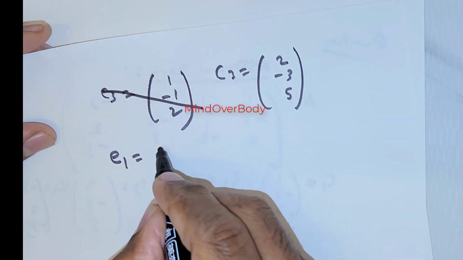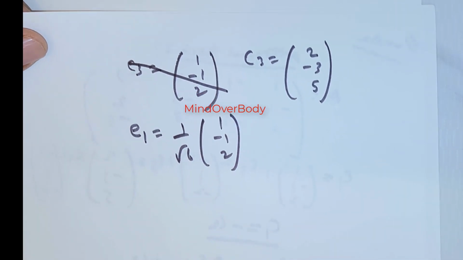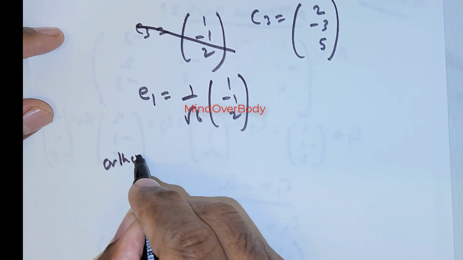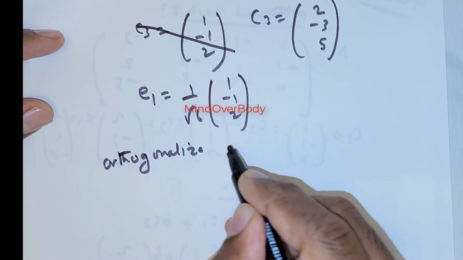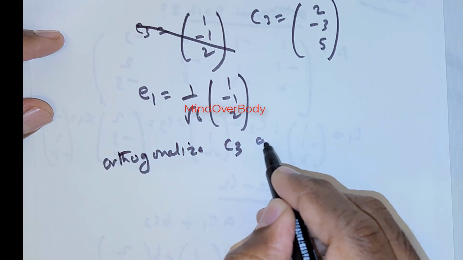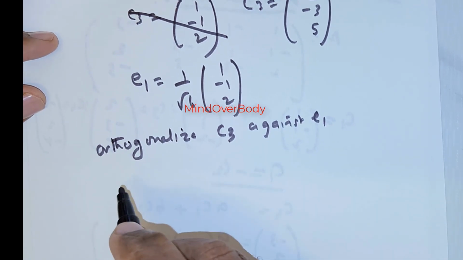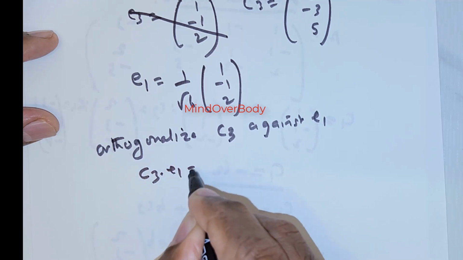Now we want to orthogonalize C3 against E1. So how do we do that? We get the dot product.